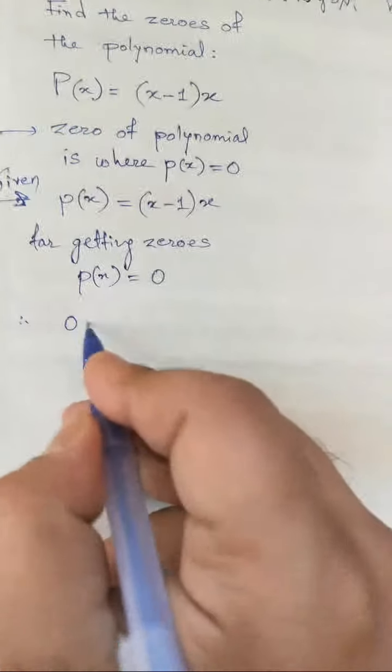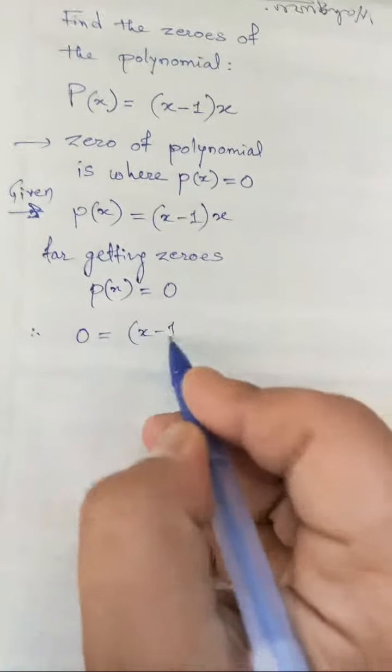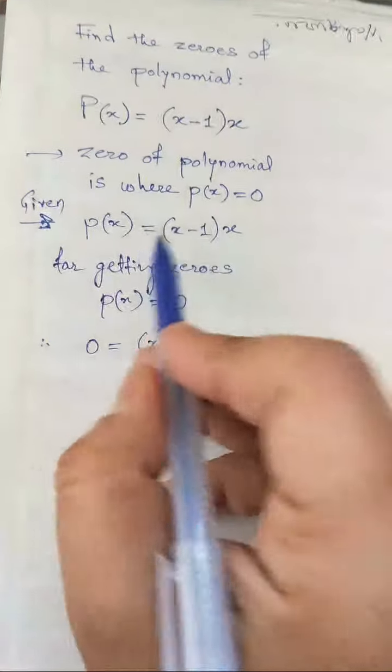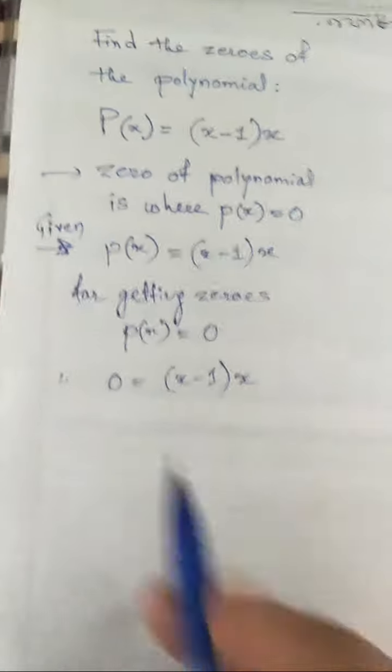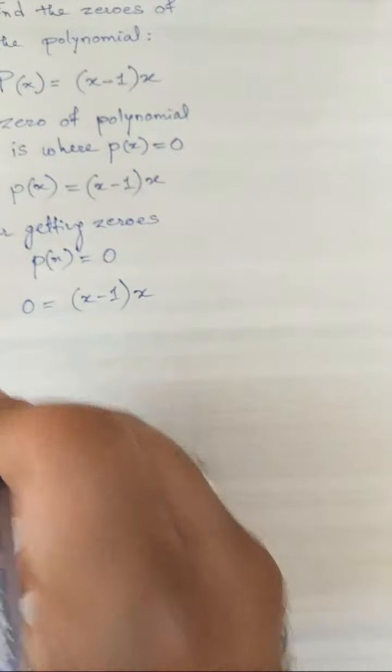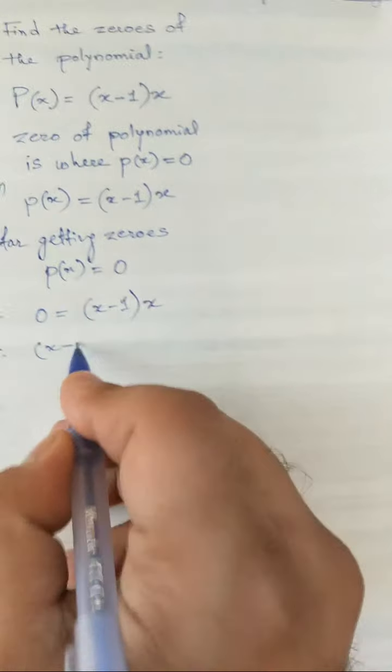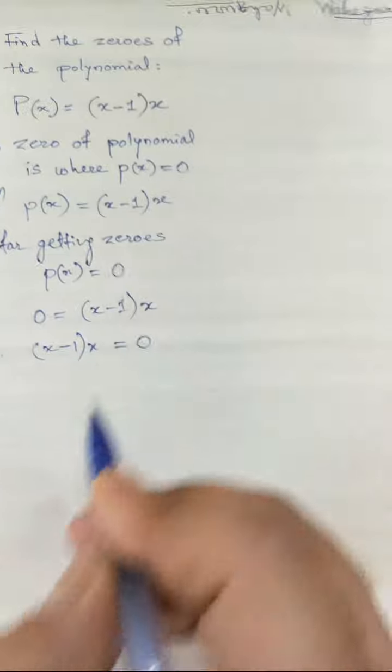Therefore 0 = (x - 1) x. We put 0 in place of p(x), so 0 = (x - 1) x, or we can write it like this also, (x - 1) x = 0.